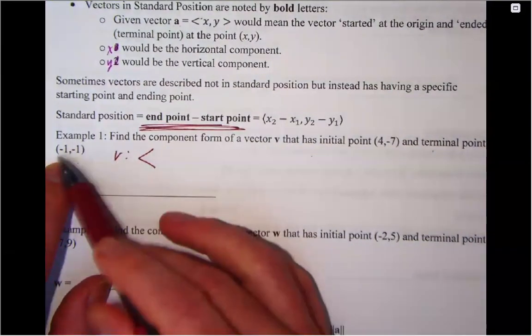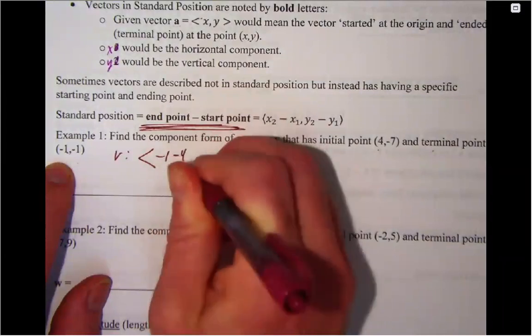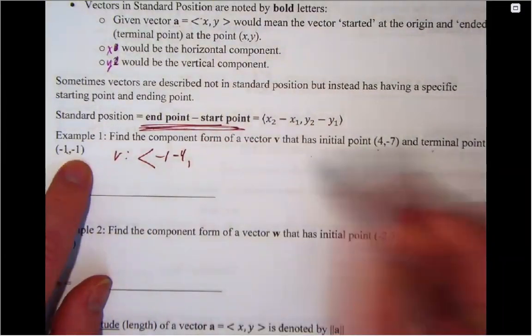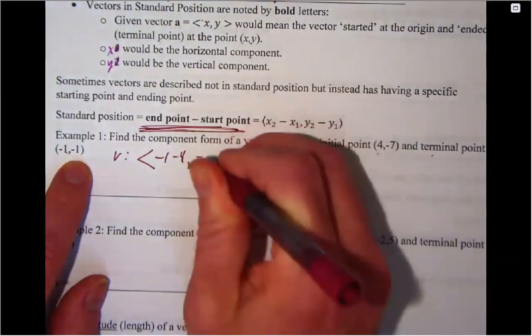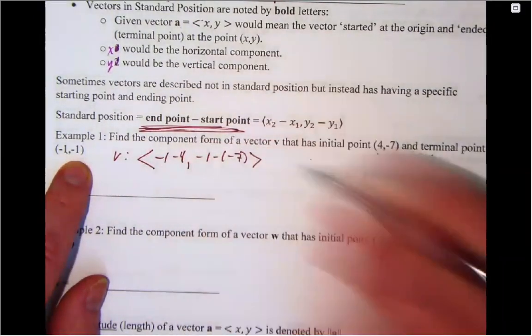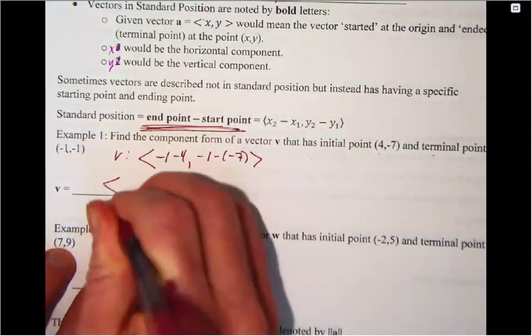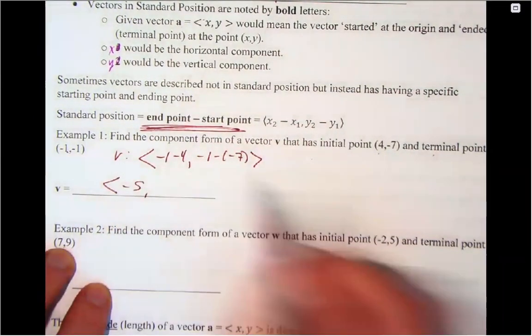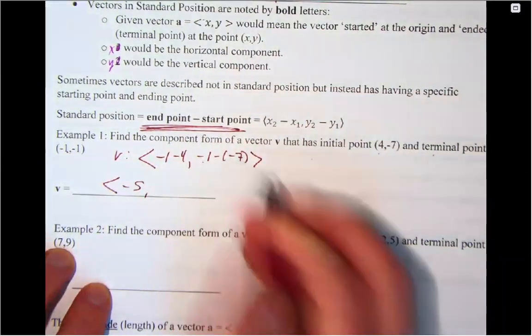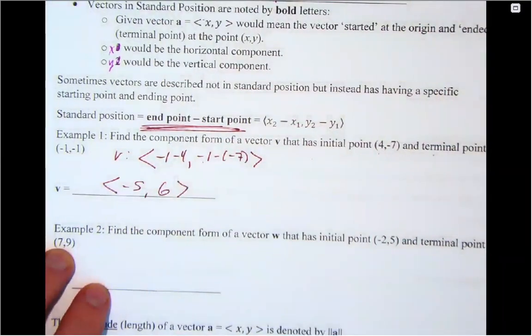So it would be -1 - 4. And then subtract the y's: -1 minus -7. And then just clean them up. -1 - 4 would be -5. -1 + 7 would be +6. And that would be your vector in standard position.